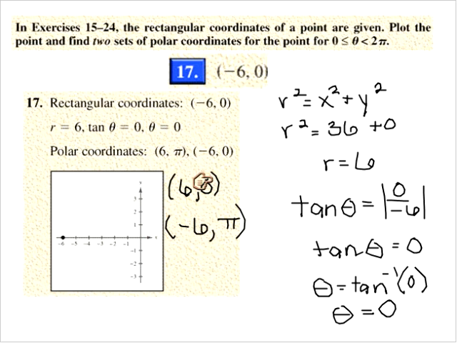Or you can add 2 pi and keep r the same. There's a lot of different rules we have, and they're all listed in the online lesson. I think they might actually have some of these reversed. So possibly not. All right, we'll have to go back, but I'm pretty sure these are okay for now.